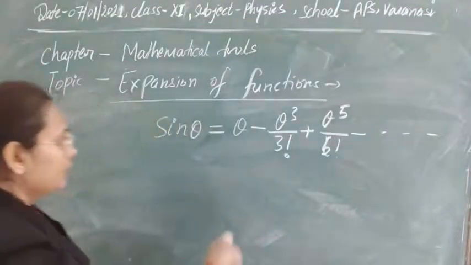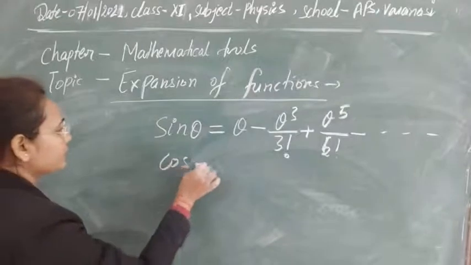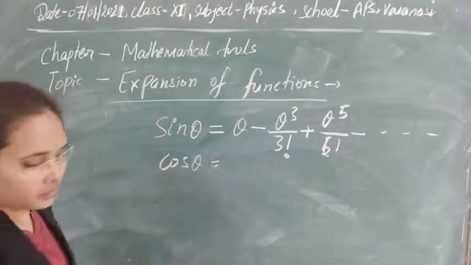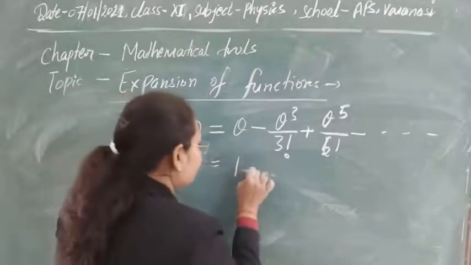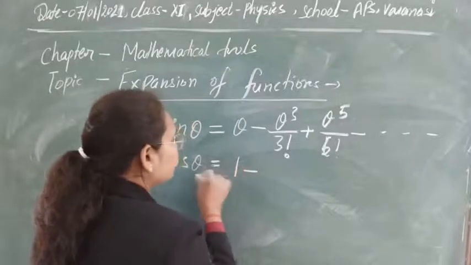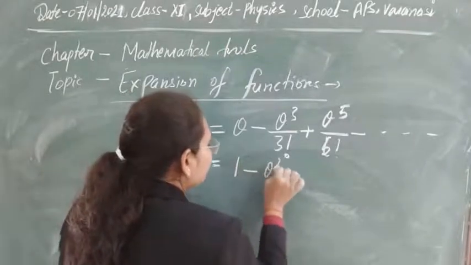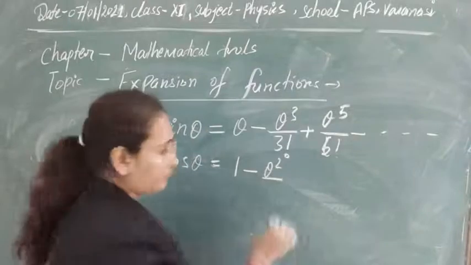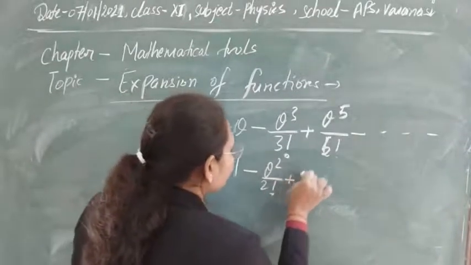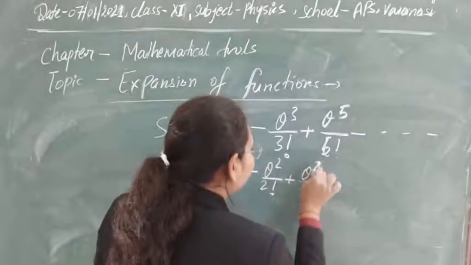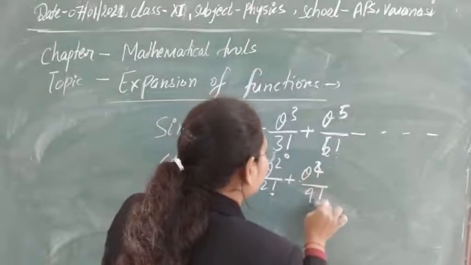And again we have the function cos theta. In the case of cos theta, you will get 1 minus theta square by factorial 2 plus theta power 4 by factorial 4 and so on.